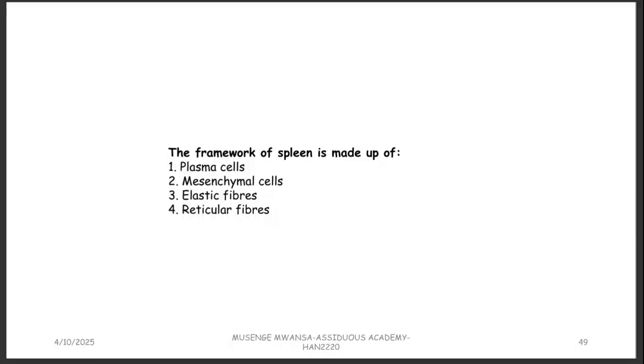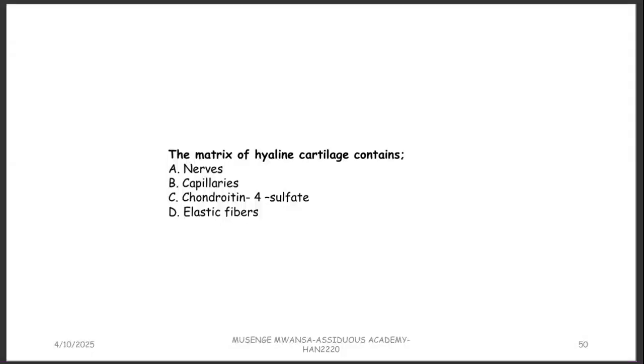The framework of spleen is made up of plasma cell, mesenchymal cell, elastic fiber, reticular fiber. Which one do you pick? Elastic fiber. Is that true? Is there anyone with another option? Okay, so remember reticular fiber.